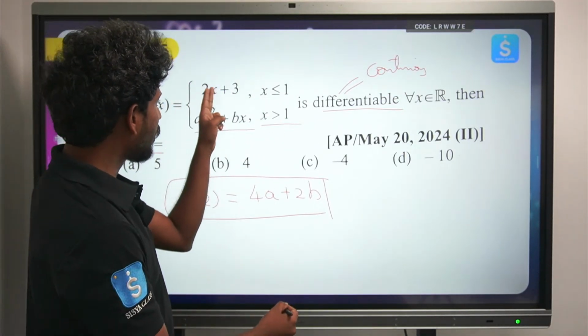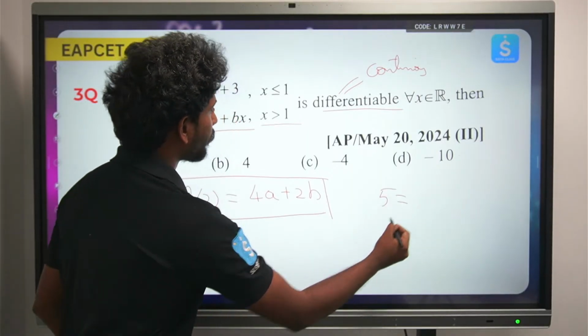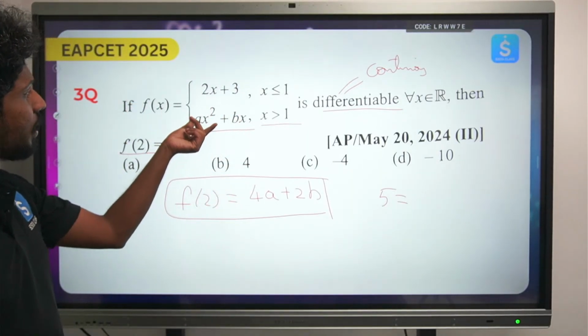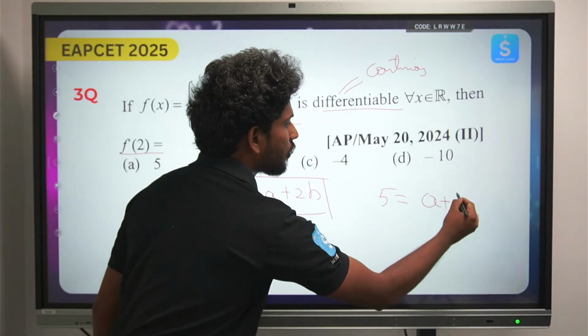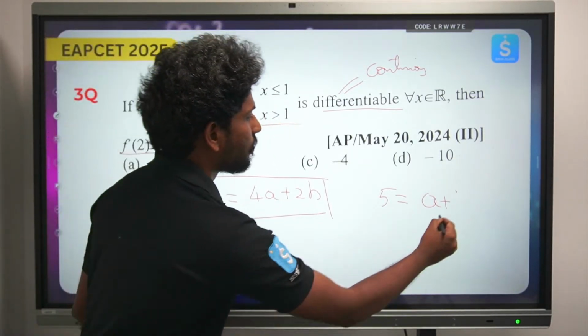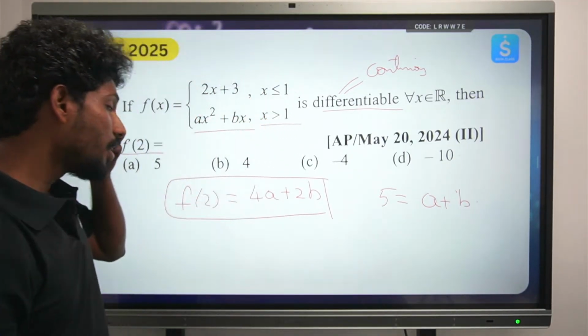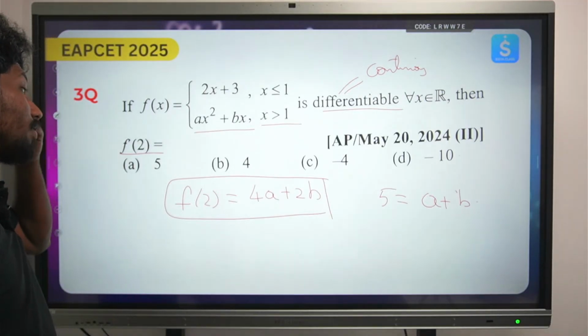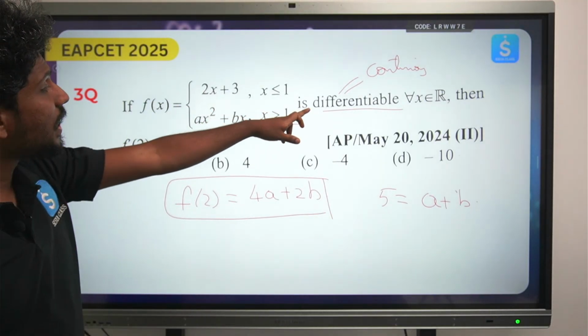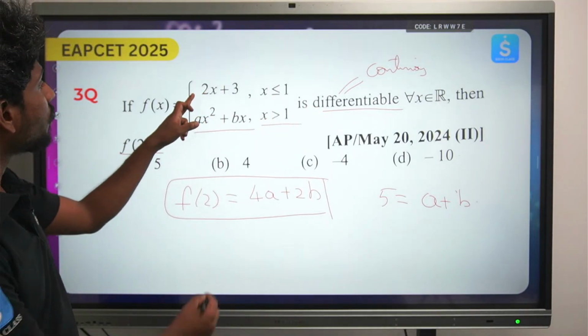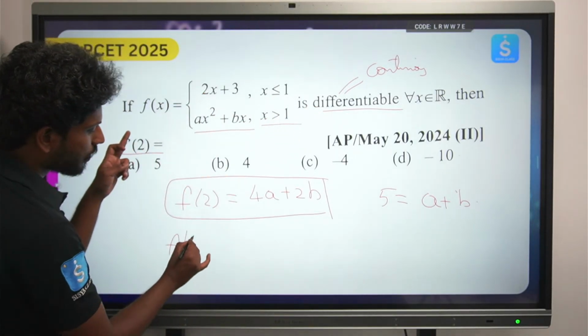So I can say 2 plus 3, 5 is equal to, so this will also be equal to a plus b. So a plus b is equal to 5. Now afterwards, as he is saying it is a differentiable function, again you try to differentiate this.